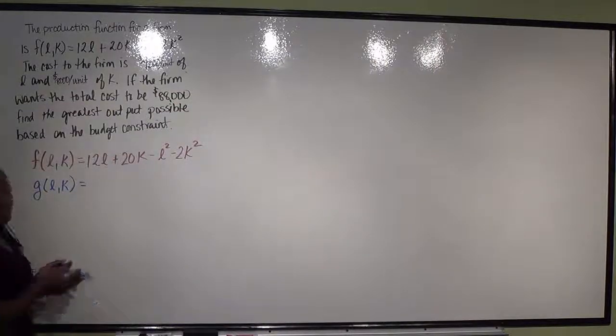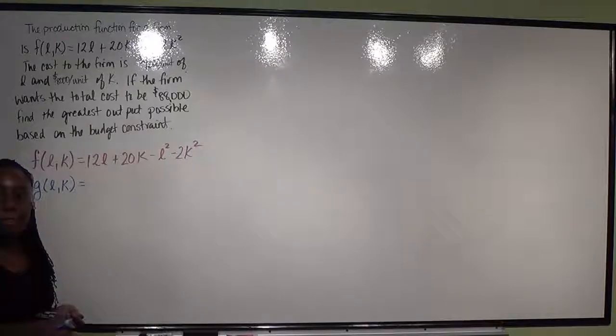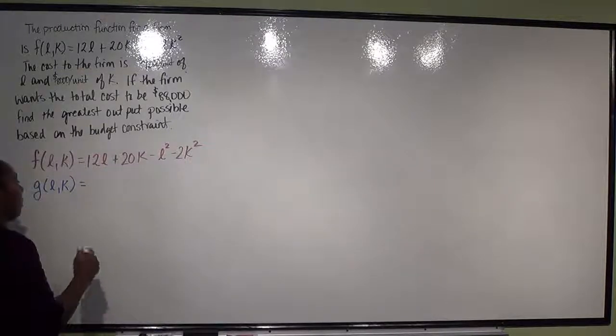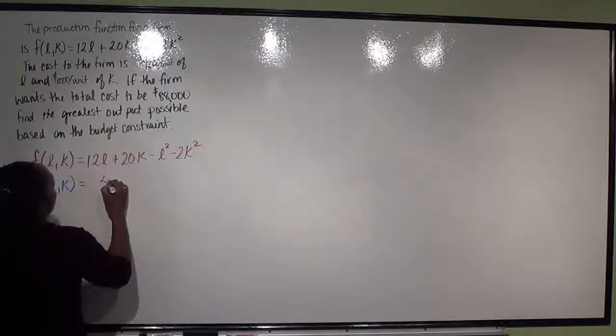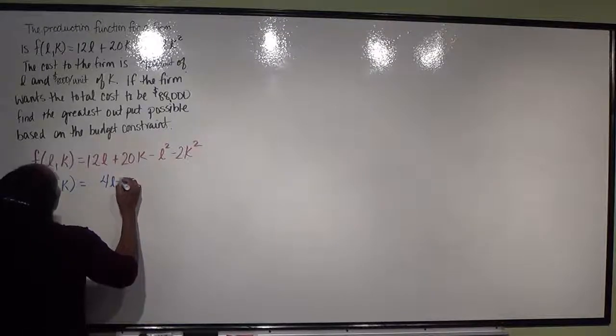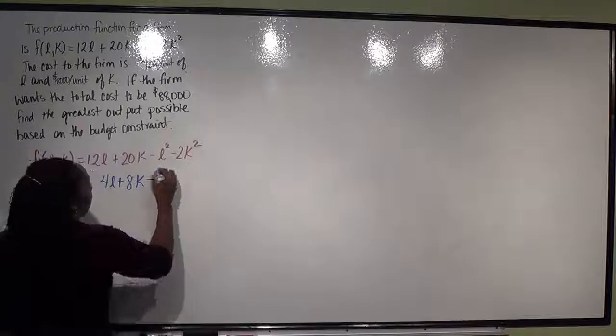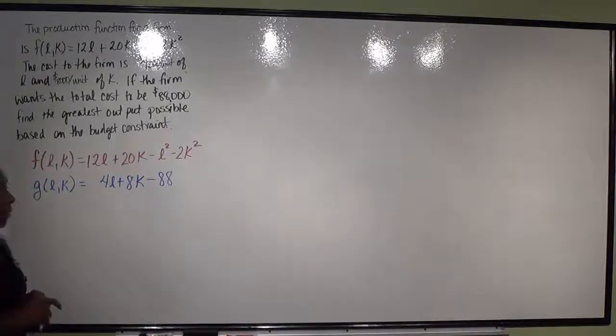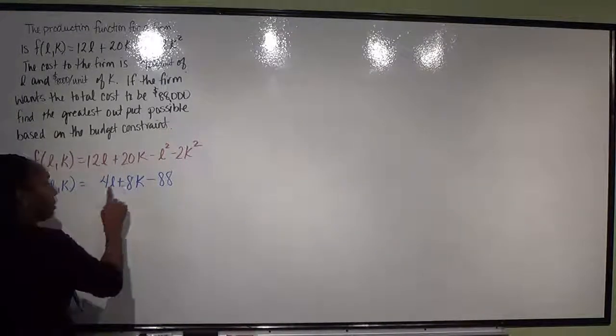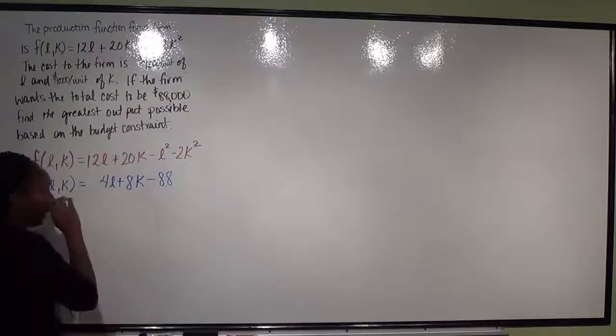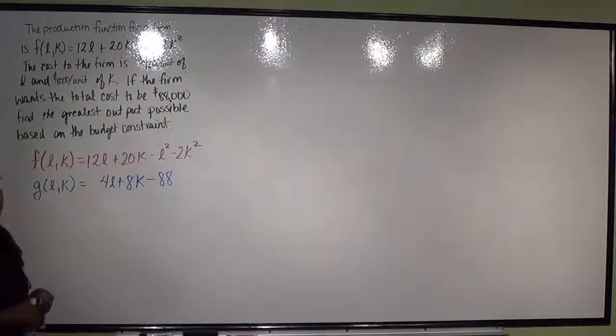And you'll notice there the thousands, I can get rid of those extra zeros all the way through the equation. So here I'm going to say 4L plus 8K minus my 88. There's my constraint. So again, if we think of this as an equation, 4L plus 8K has to equal 88. So when I subtract the 88, there's my function.